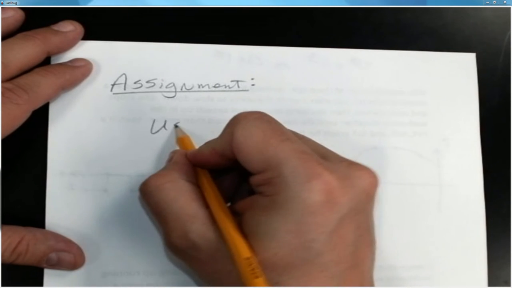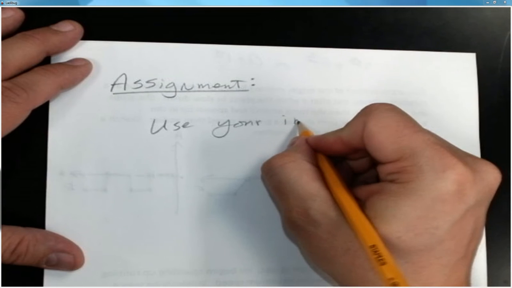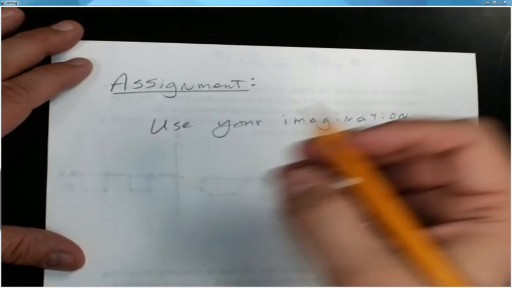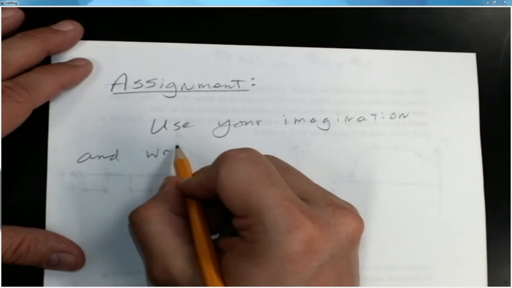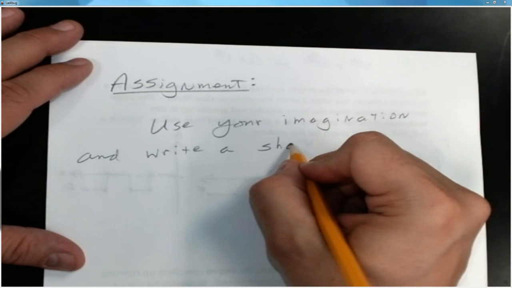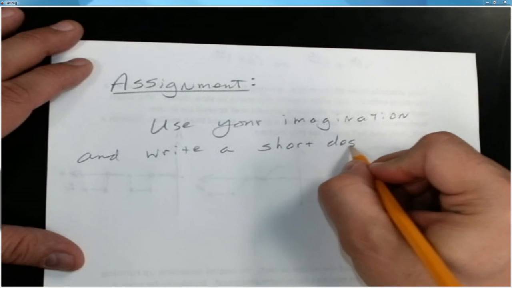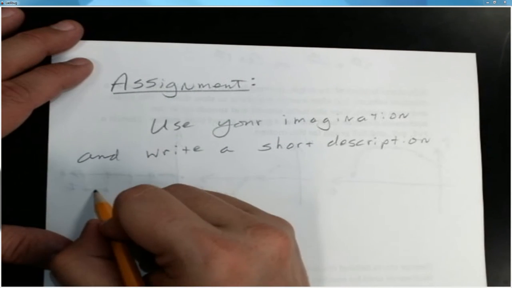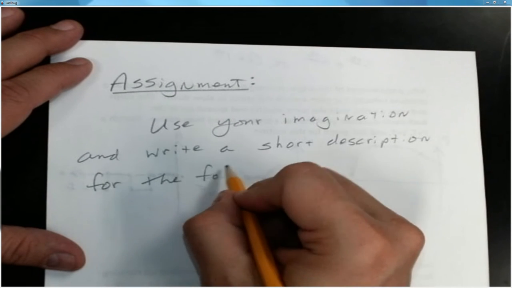Use your imagination, and write a short description for the following graphs.